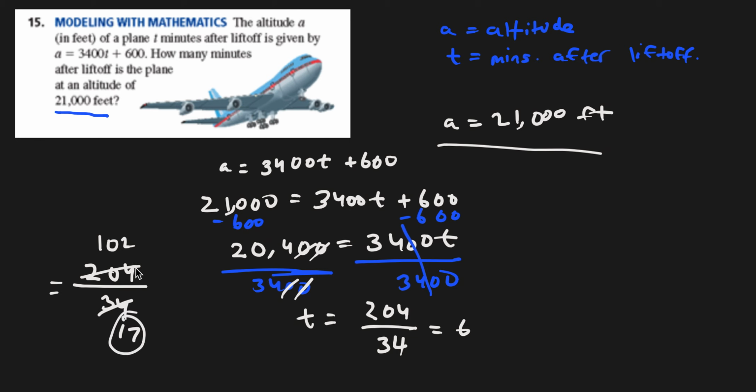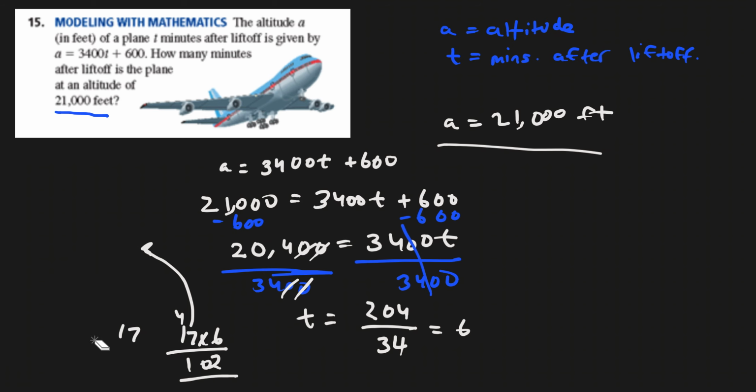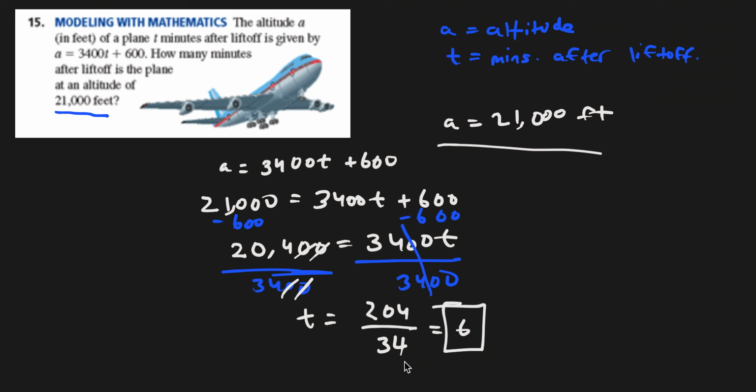So I don't think this is any easier, but again, 17 times 6 would give you of course 102, which is what we wanted, which means 6 is our answer. But this wasn't actually helpful because 17 is a prime number, and it's still pretty large. But anyway, getting back to the problem, 6 is your answer.